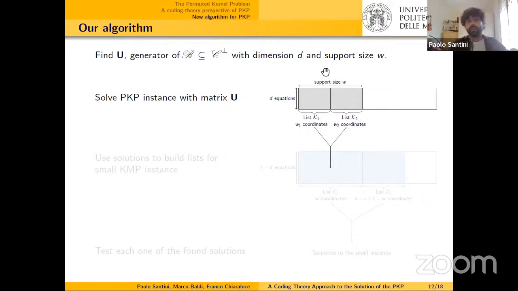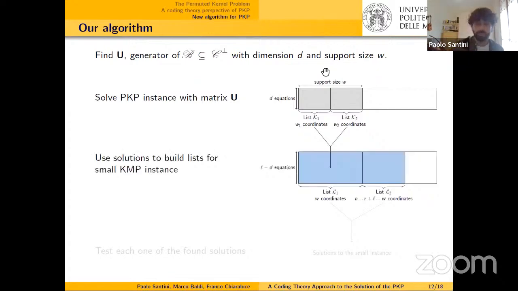In this instance, only W coordinates of the given vector are considered. We solve this instance using, again, a meet-in-the-middle approach. So we prepare 2 lists, K1 and K2, then we use collision search, and we find an initial set of solutions. These solutions are used to build one of the lists that are used in the KMP algorithm.